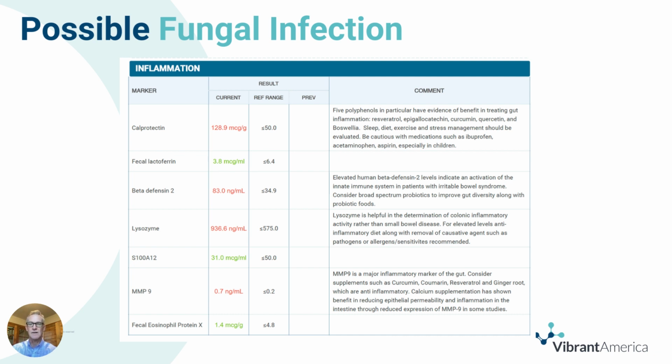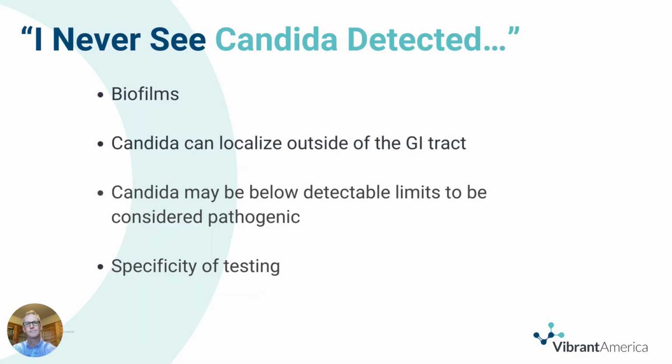And of course, we've got this calprotectin that's elevated here too. Not enormously elevated, although it's up there. So that would be on par with a fungal infection, very generally speaking. Calprotectin is a highly sensitive marker of inflammation, but it's not very specific either. So it's good at telling us something's on fire, but not what is causing the fire, so to speak.